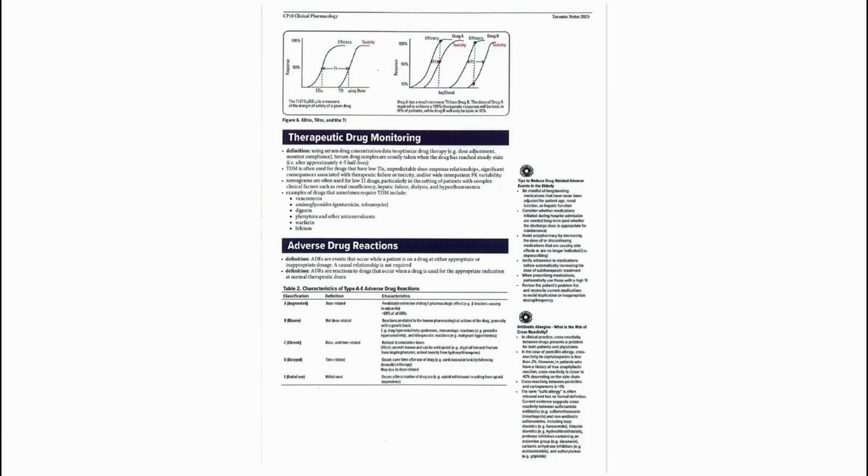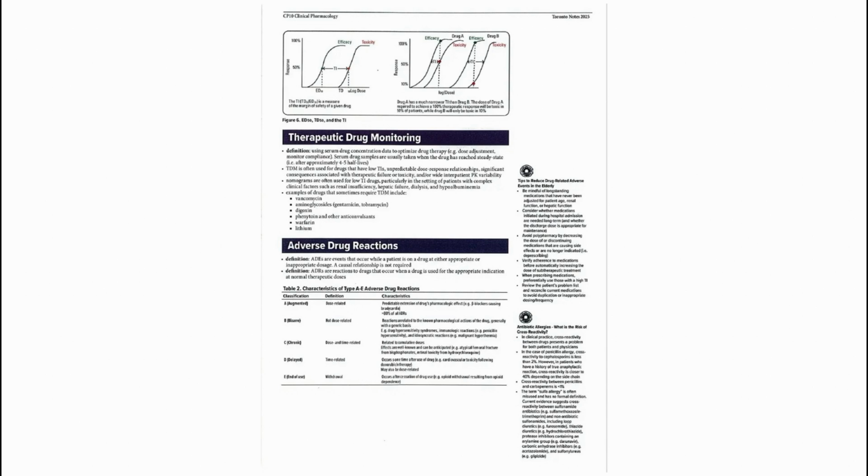When is TDM indicated? Therapeutic drug monitoring is especially useful when drugs have a low therapeutic index, unpredictable dose-response relationships, large variability in pharmacokinetics between patients, and serious consequences if drug levels become too low or too high.